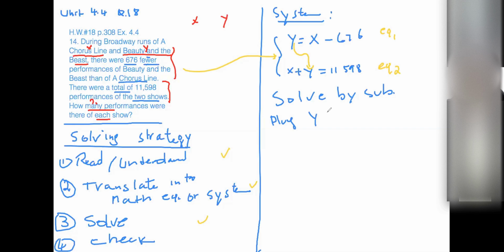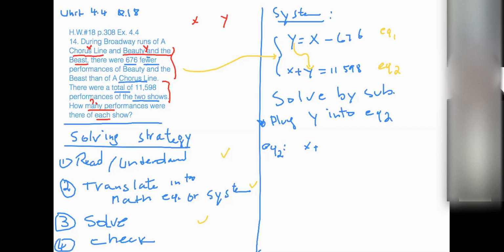y into equation 2. That's our first step. So equation 2 turns into the x plus the y. But instead of the y, what do we write? x minus 676. That's right, because y equals this.